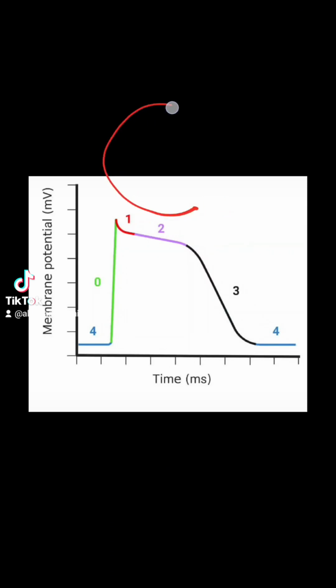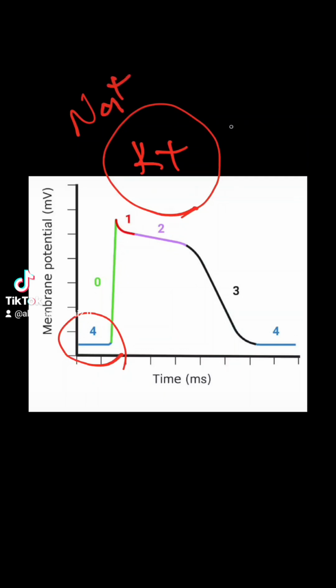If we were to imagine a myocyte during the resting state, there is potassium inside the cell and sodium and calcium outside of the cell. Now, at rest, inside of the cell is more negative. So right here at 4, inside of the cell is negative 90 millivolts.